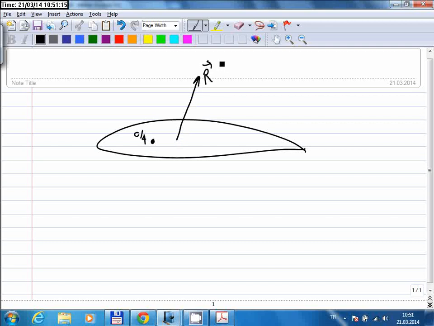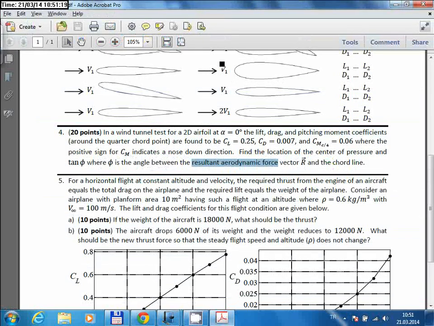The reason I drew it behind the quarter-chord point is it says the pitching moment coefficient is 0.06. That means there's a pitching moment with respect to that point, and the coefficient for that moment is this value, 0.06. And it says the positive sign indicates a nose-down direction.